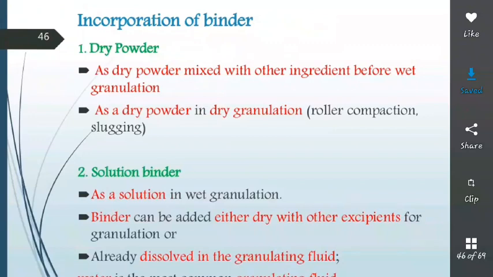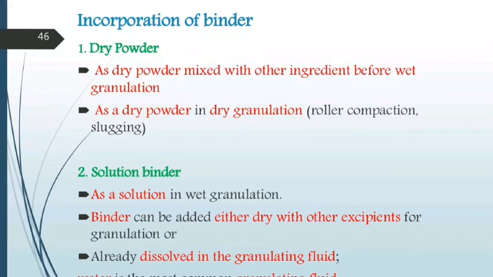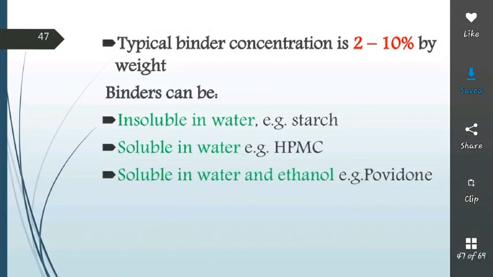This is how it is incorporated, as a dry powder or as a binding solution, especially in wet granulation, and in dry granulation you will add it in dry powder form. The usual concentration of binder is 2 to 10% of the weight of the tablet. Binders can be starch, HPMC, hydroxypropyl methyl cellulose, and povidone, that is polyvinylpyrrolidone, simply called povidone.